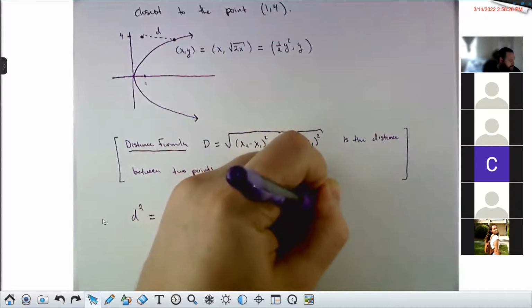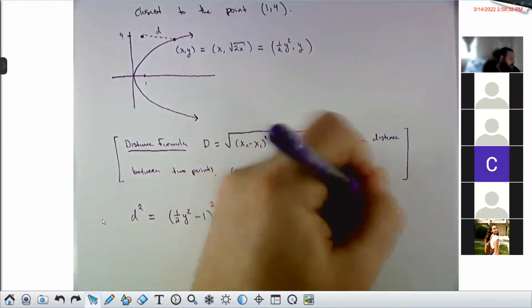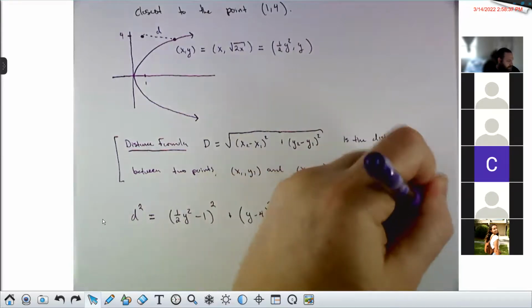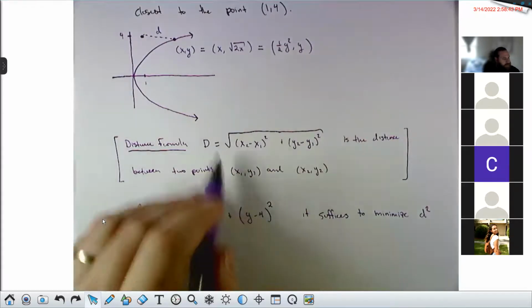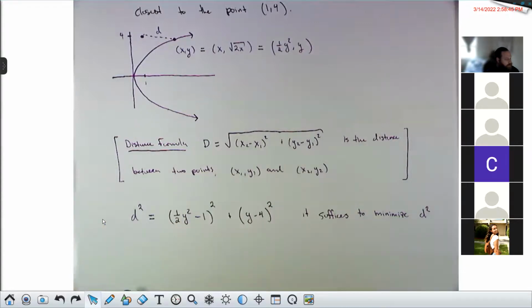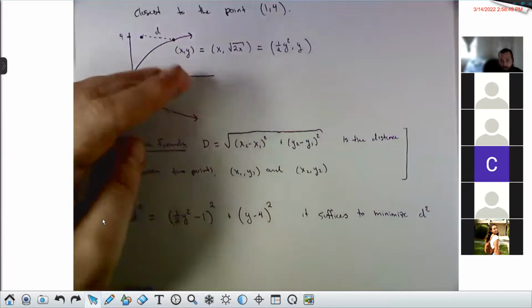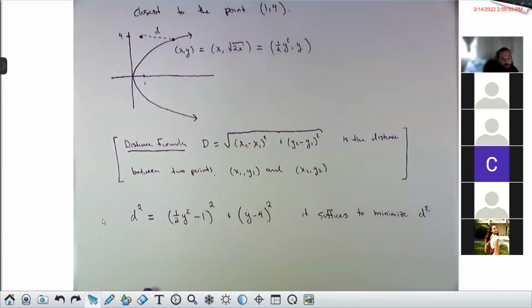So observe that it suffices to minimize d squared. I don't need to worry about the big square root on the outside. In other words, if the thing inside the square root is small, then the square root will be small. If the thing inside the square root is big, then the square root will be big.